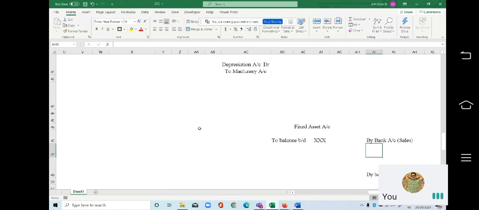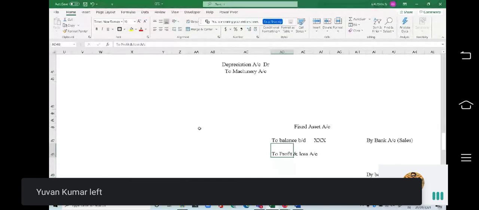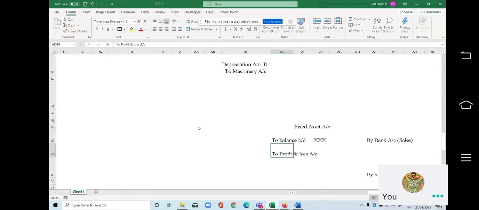Now, when I do the sale, I may get profit or loss. If it is a profit, it will be on the debit side, to profit and loss account.